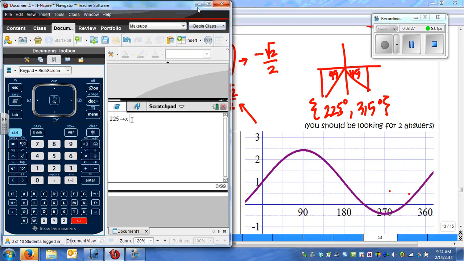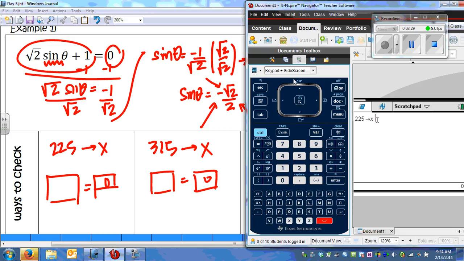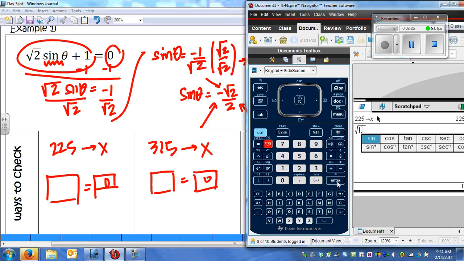And then type in the left-hand side of the original, the square root of 2 times the sine of x plus 1, and hit enter.